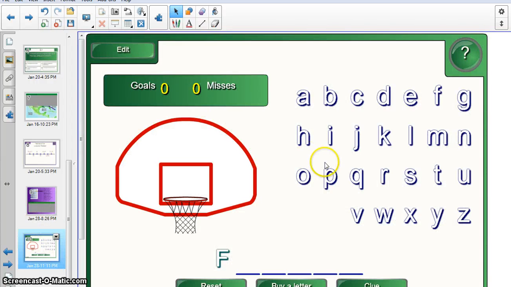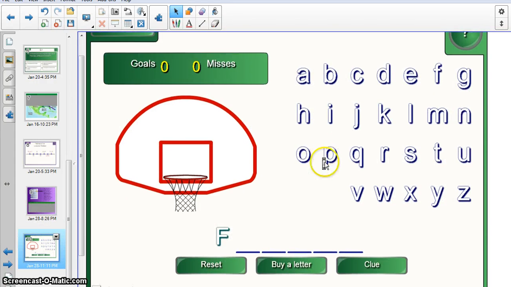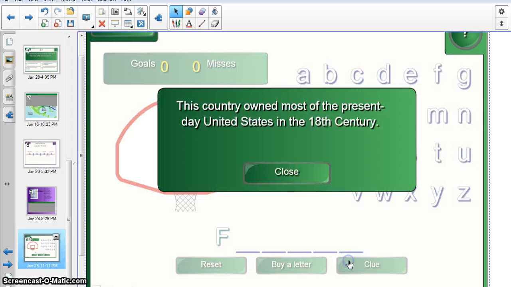And my last slide is a wrap-up slide. There are a few key terms that I want the students to know from this Smartboard presentation. Because of this, I thought it would be a great way to have them come up here and use this activity to name the terms. So as you can see, they have a clue: This country owned most of the present-day United States in the 18th century.